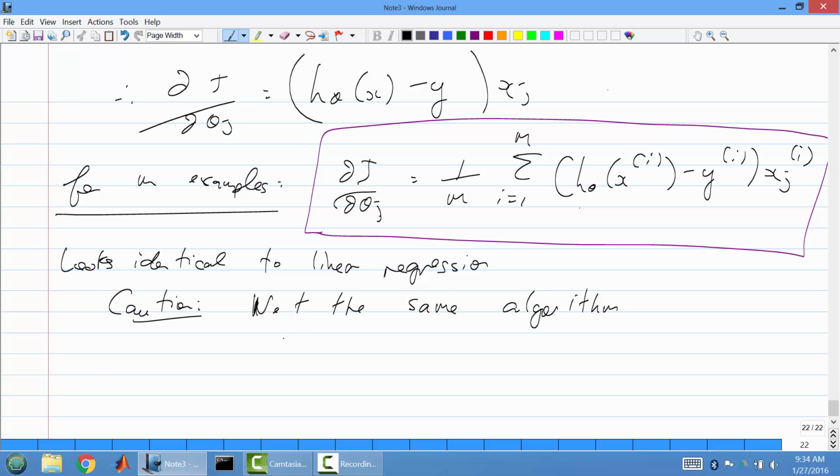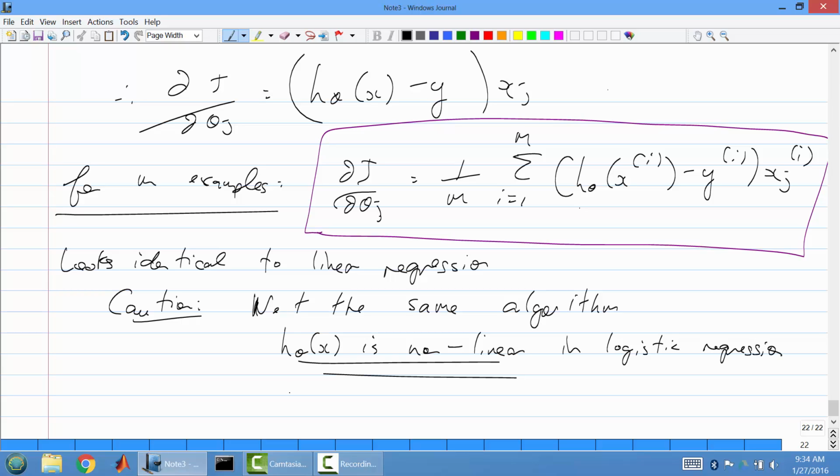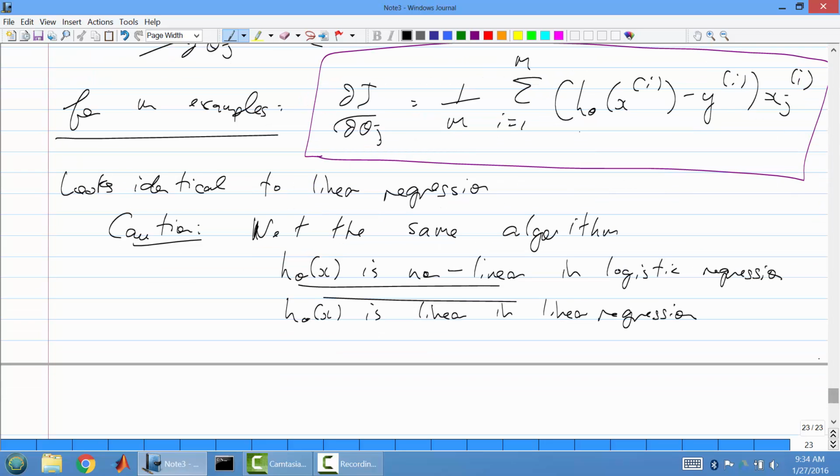It's not the same algorithm because the hypothesis here is nonlinear. It's a sigmoid function, right? In logistic regression. And h of theta is linear in linear regression. So it's not the same algorithm, but it cosmetically looks the same.